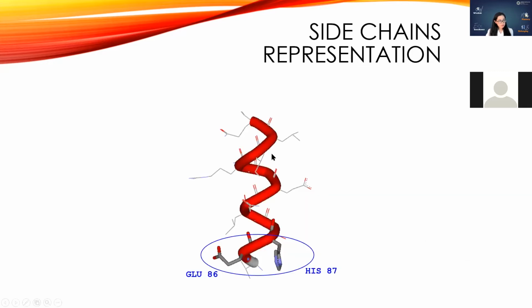And the side chain representation. If we look into the helix and look at the glutamate and histidine side chains, glutamate with two red tips and histidine with a five-membered ring, chemists normally sketch chemical synthesis as a line representation with colors like this.